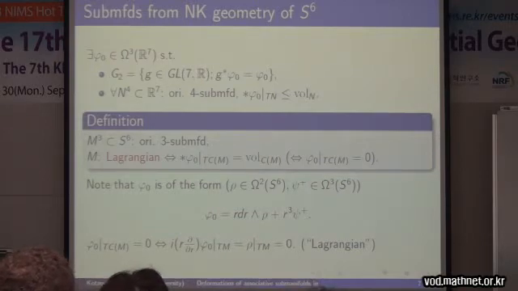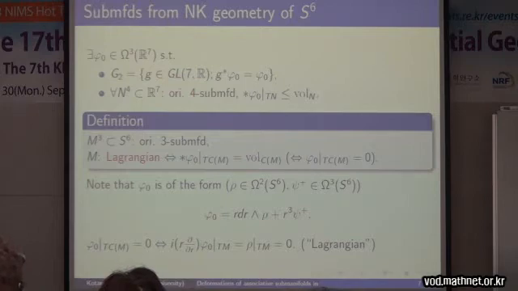Well, it is known that the cone is a minimal submanifold if and only if the submanifold is minimal. Next, we will define the Lagrangian submanifolds.